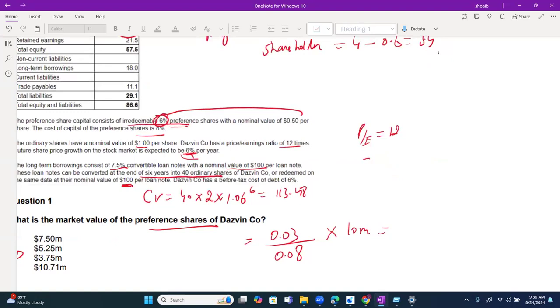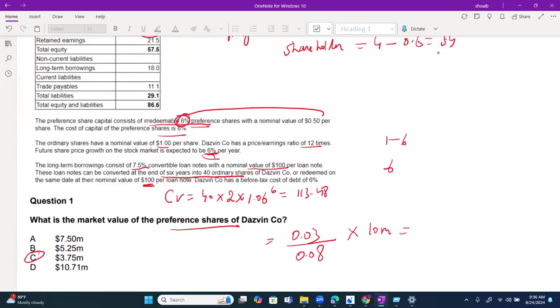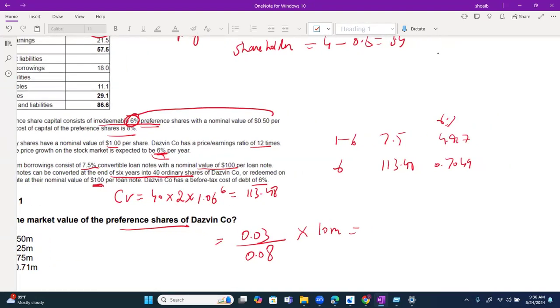So let's solve. How much will you get, 7.5. Discount rate is 6%. $116.88.